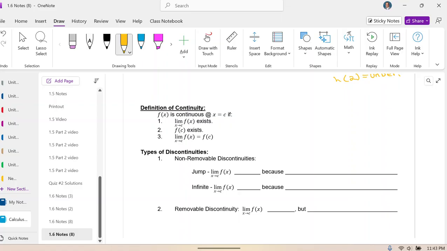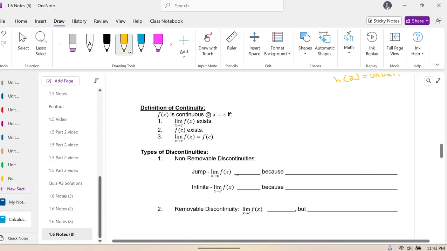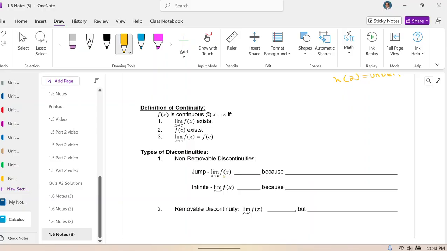Number one, non-removable discontinuities. A jump is when the limit as x approaches the number does not exist because the limit from the left does not equal the limit from the right. Infinite discontinuity, the limit as x approaches the number of f of x does not exist, and this is because of unbounded behavior.